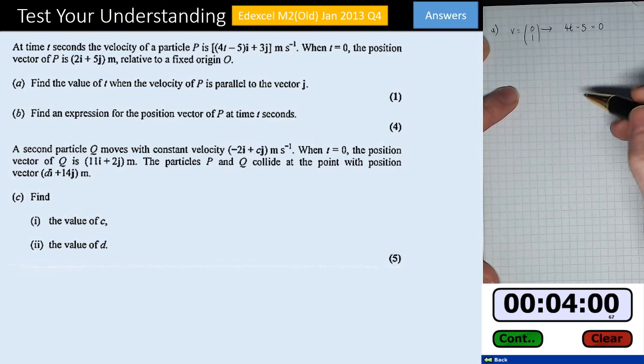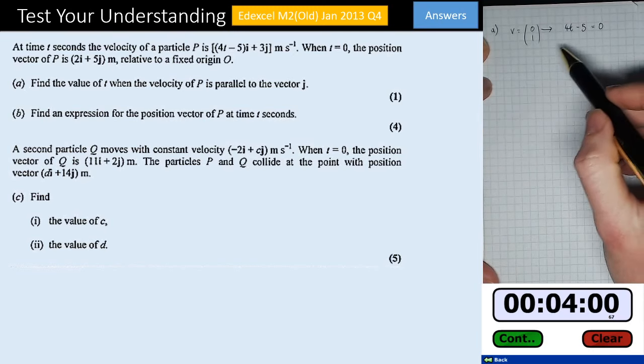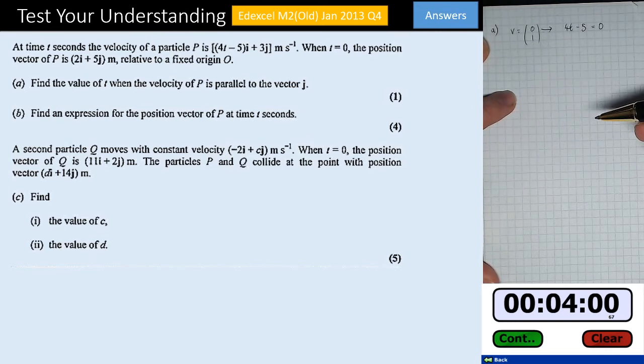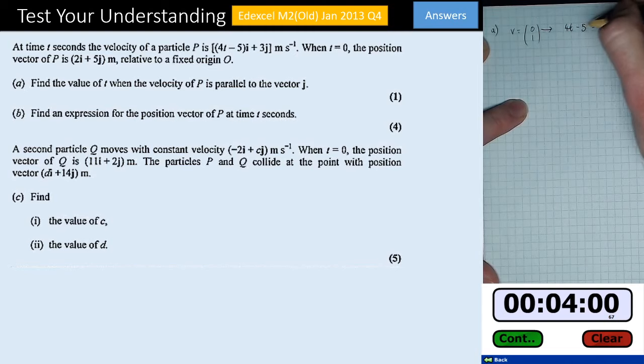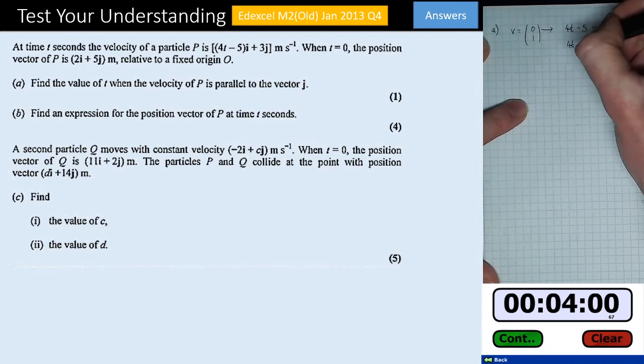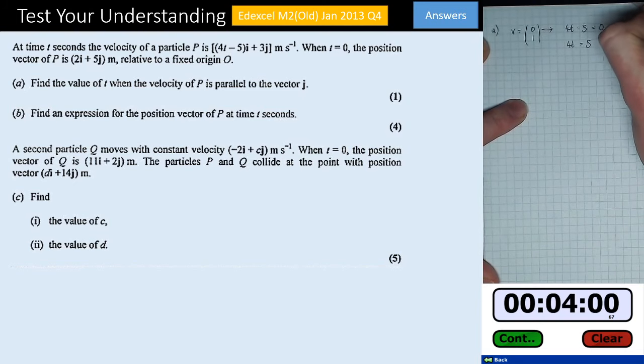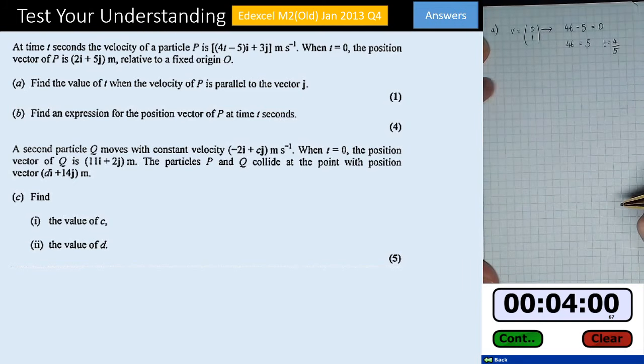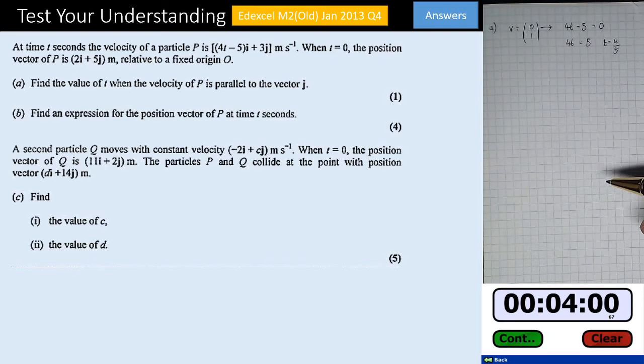Okay, so that just means that there's no movement across. All of our movement is going upwards. So 4t take away 5 is equal to 0. That means that 4t is equal to 5, and t is equal to 5/4. So when t is 5/4, our velocity of our particle is just heading upwards, so we are parallel with the j vector.